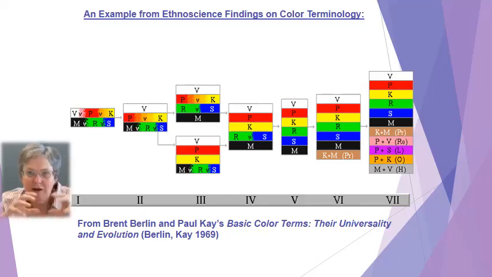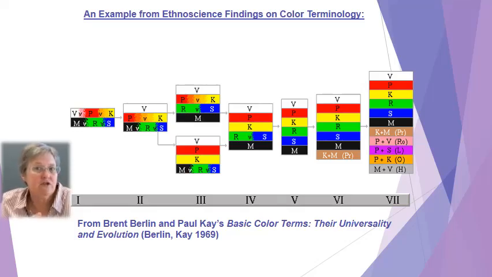A little tiny statement they made in this basic color terminology book that not everybody even finds. You have to go looking for it to find it there. There's a little comment they made where they compared the level of sociocultural complexity, like band, tribe, chieftain, state, remember from early in the semester, and number of color terms. And guess what? The simpler the society, the fewer color terms.